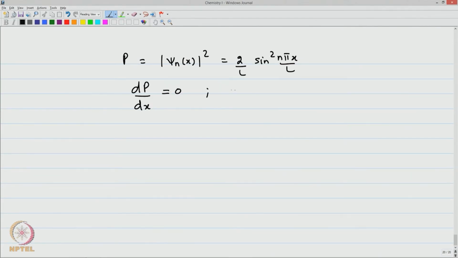Whatever value that we get for x, if we substitute that in the second derivative, if this is less than 0, then it is a maximum for this value of x satisfied by this equation, and if it is greater than 0, it is a minimum.